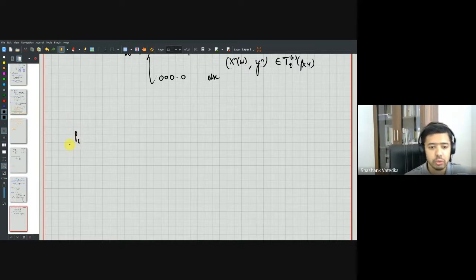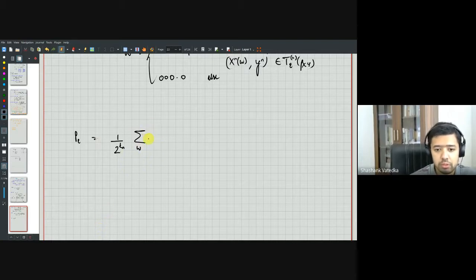Let us formally see what the probability of error is. What we're interested in is the average probability of error, 1 over 2 to the kn, summation over all possible messages w, of the probability that w hat is not equal to w.